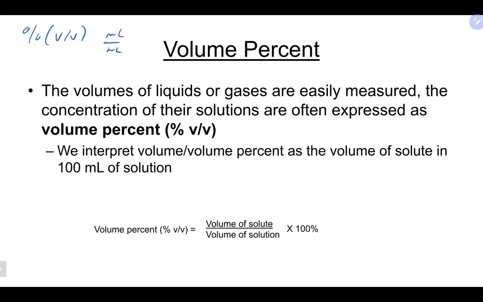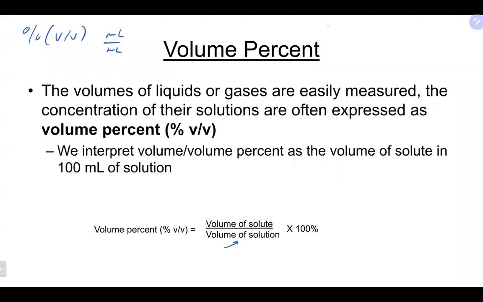So it is the volume of the solute divided by the volume of solution times 100%. Unlike the percent mass to mass in the earlier question, in this type of percent concentration you usually don't have to worry about the bottom one. It's usually just given to you as the volume of the solution. You don't usually have to do some adding or anything like that in most cases. So that one's usually pretty good. It works the same way.